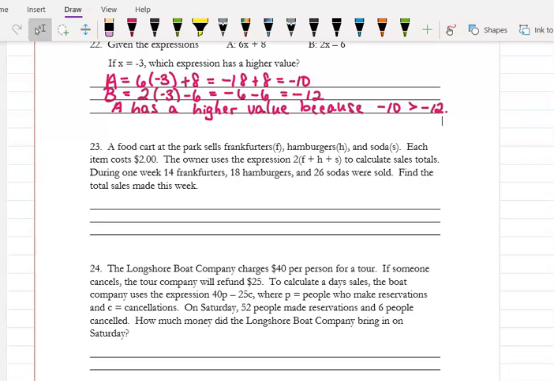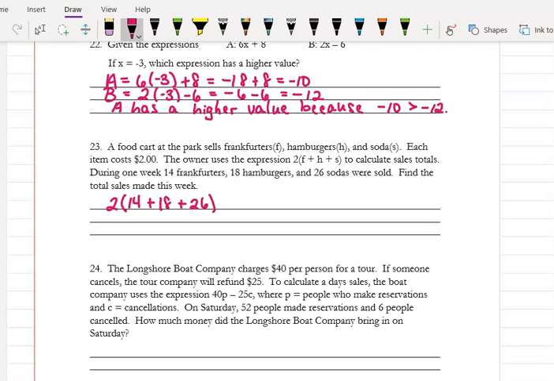Find the total sales made this week. Okay, so we're going to plug that in: 2 for the dollars, times F was 14 frankfurters plus H is 18 hamburgers plus 26 for the sodas.